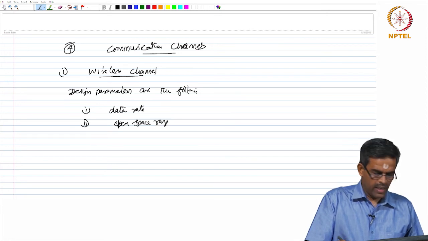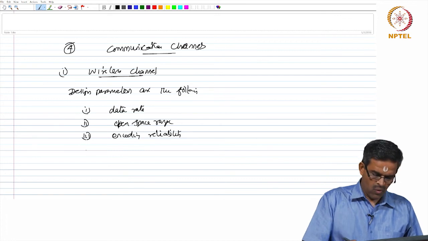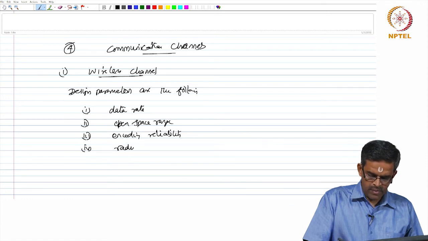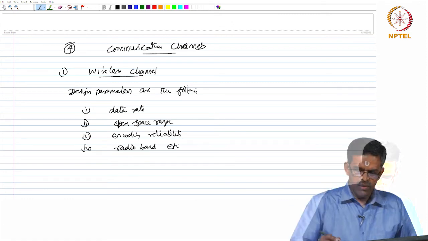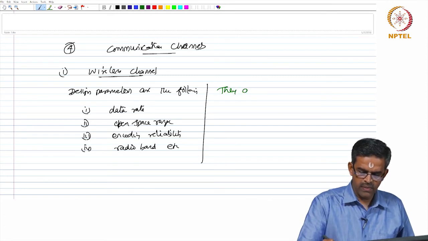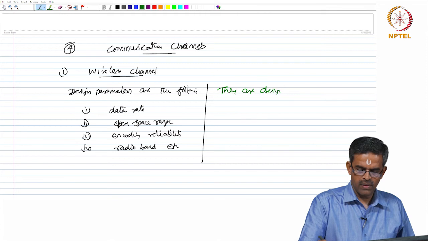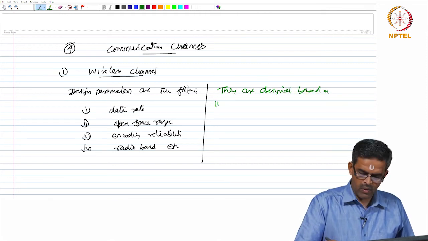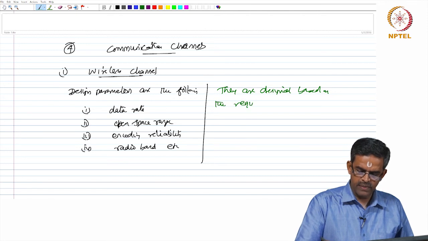Open space range. 3. Encoding reliability. 4. Radio band, etc. So the essential feature is that they are designed based on the required functionality.